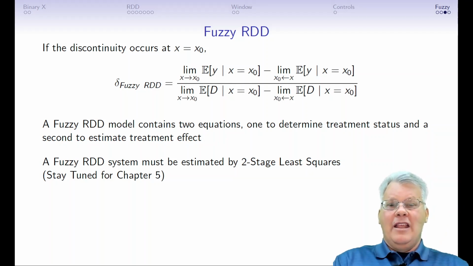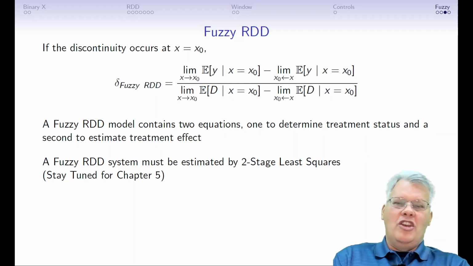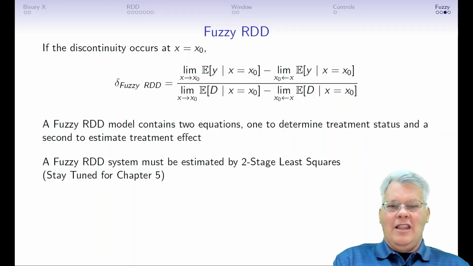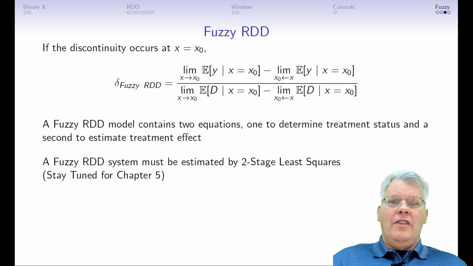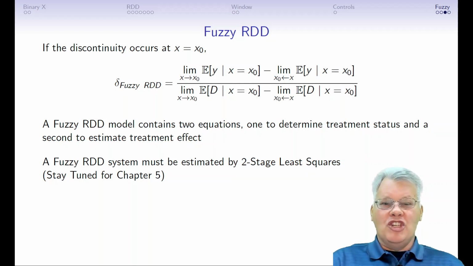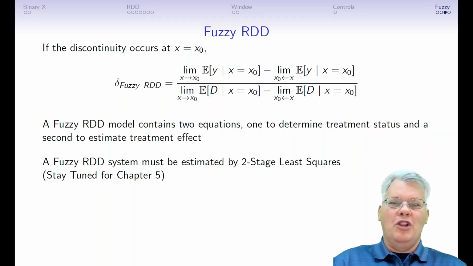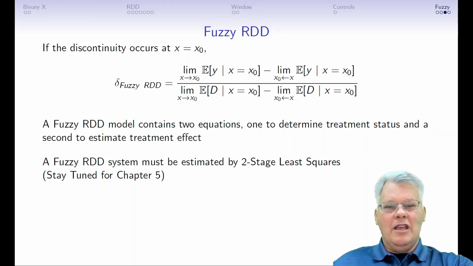So we're looking at this discontinuous change in the probability of admission as we approach the point of discontinuity in SAT scores. And then in the denominator, we do the same thing. We're taking the expected probability of admission to Baylor as the SAT score approaches 1200 from below minus the expected probability of admission as we approach from above.